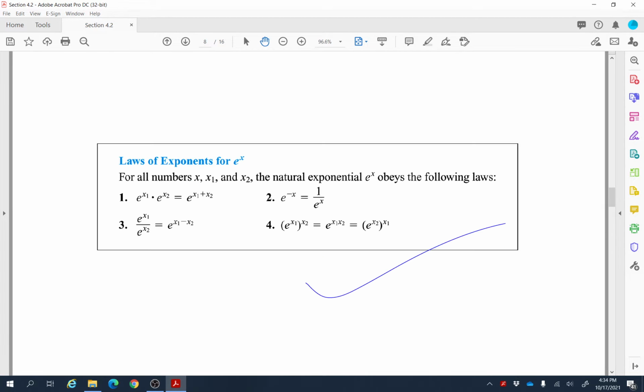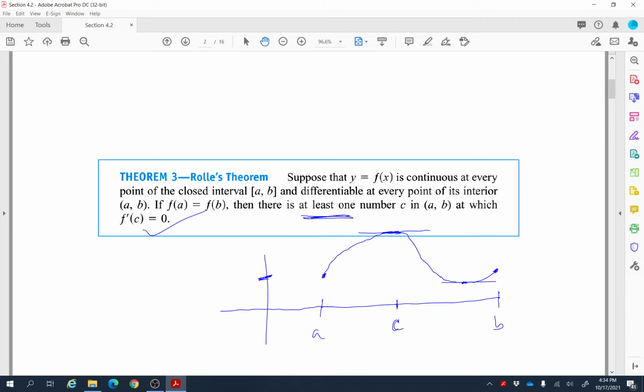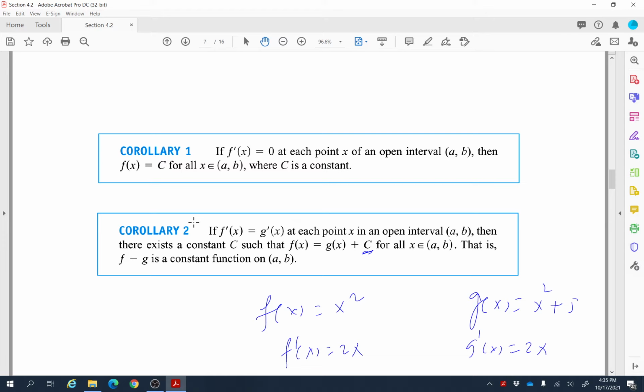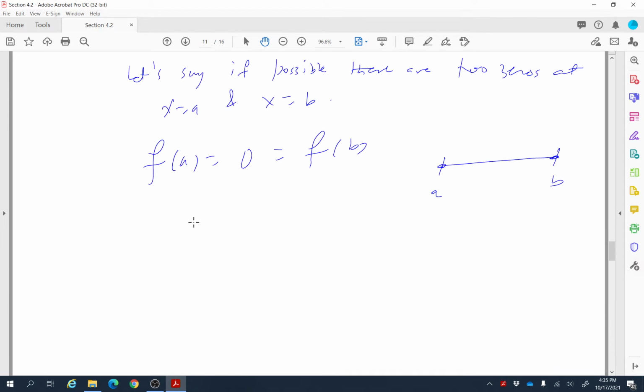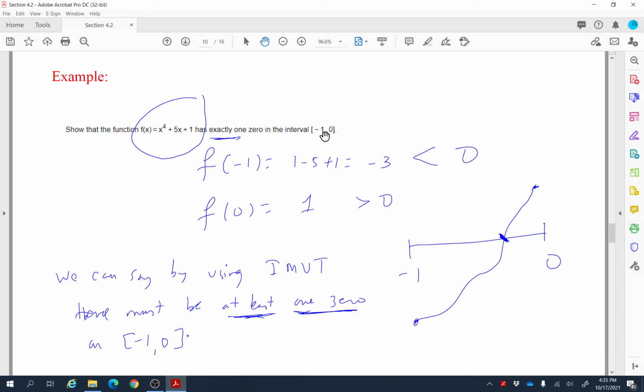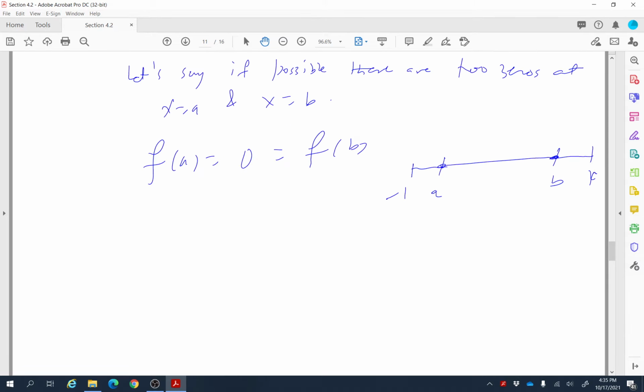Okay, so we can go back and use Rolle's theorem here. As you can see, if the value of the function at one point and another point are equal, then there must be at least one point where the derivative of the function is 0. So these are the 2 points a and b, and they are in between, no, not 1 to 4, it's -1 to 0.